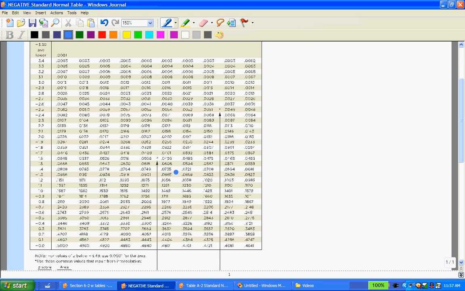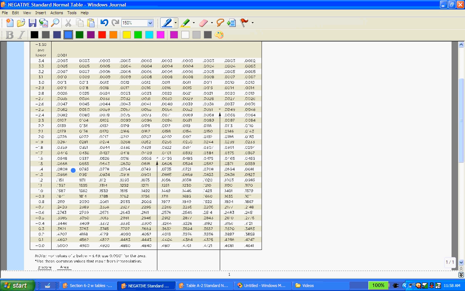And somewhere in here, it looks like we have 0.0808, which is very close, or 0.0793, which is also very close. So you probably could go with either of these values. They're almost the same distance away from 0.08.